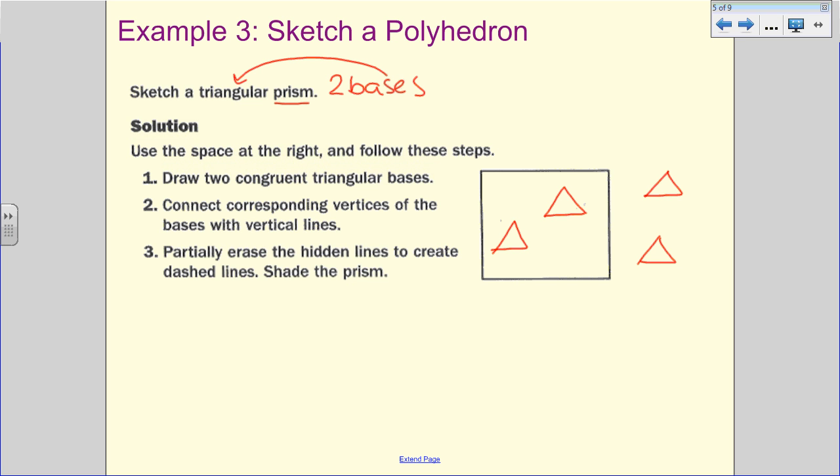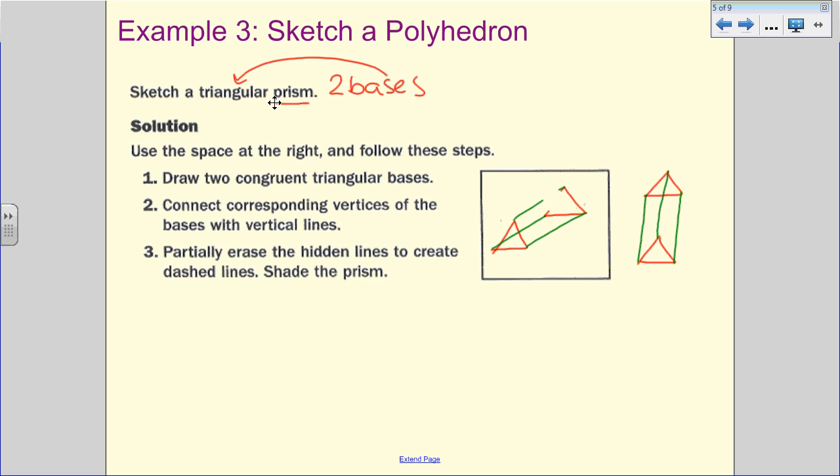Now we're going to connect the corresponding vertices. So top to top, left to left, right to right. Here I could do, once again, top to top, left to left, right to right. And then we want to erase any of the partially hidden lines. When I look at this figure, I'm going to see everything in the front, everything here on the side, but I'm not going to see the back here.